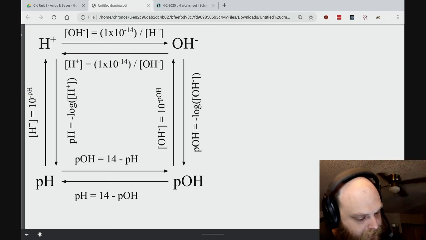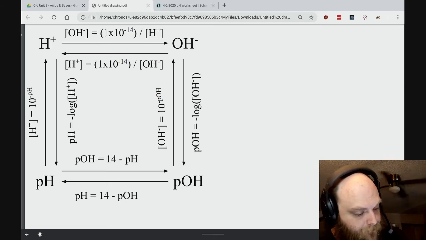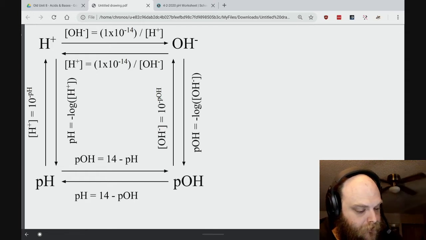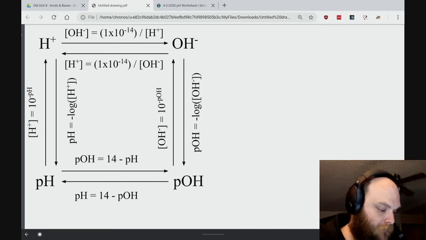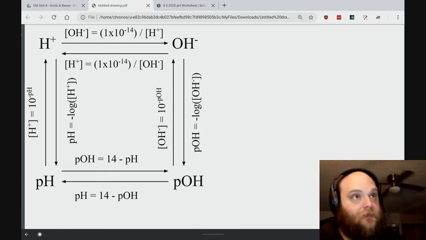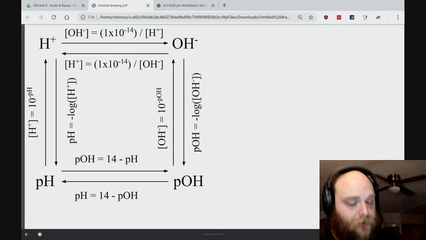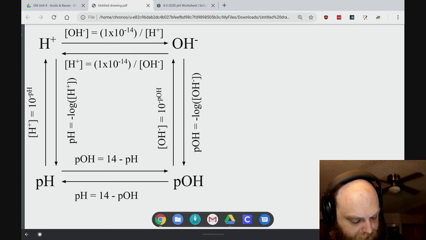If we're looking for the H plus ion concentration, we look in the top left. We see that H plus ion concentration is equal to either 1 times 10 to the negative 14th divided by the OH minus concentration, or it is equal to 10 to the negative pH. 10 raised to the negative pH. We're given a pH, so we can do that.